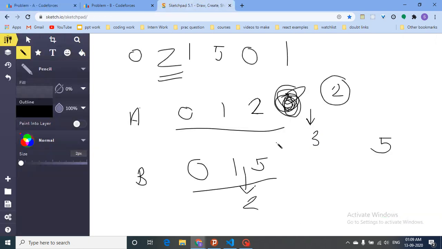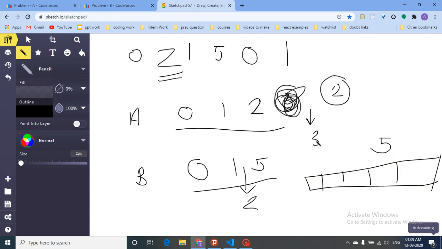What you can easily do is make a frequency array of all the numbers. Let's assume 0 occurs 2 times, 1 occurs 2 times, 2 occurs 1 time, 3 occurs 0 times, 4 occurs 0 times, 5 occurs 1 time. Then you do two loops.